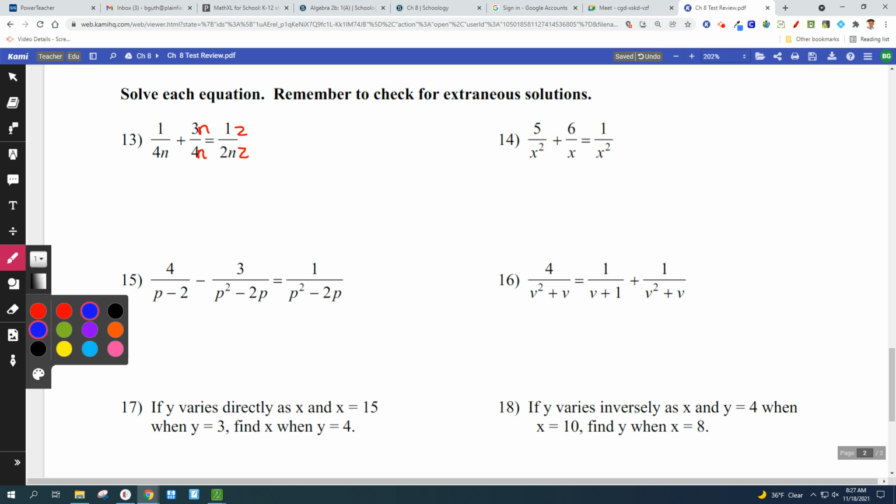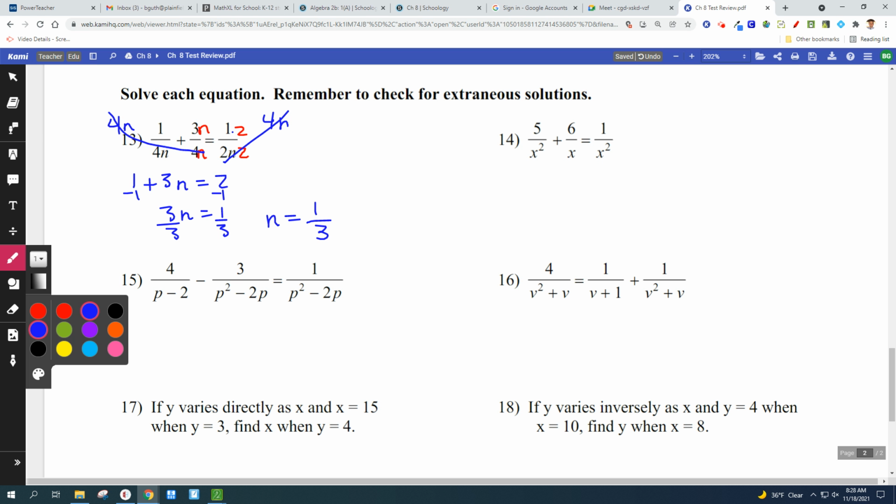So mathematically, what happens is you can multiply both sides by that common denominator, and that's just going to cancel out. And so if you do that, essentially we just have to look at the numerator now. 1 plus 3n equals 1 times 2 is 2. Subtract 1, 3n equals 1, divide by 3, n equals 1/3.